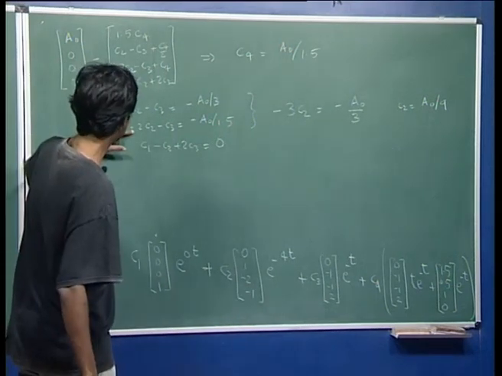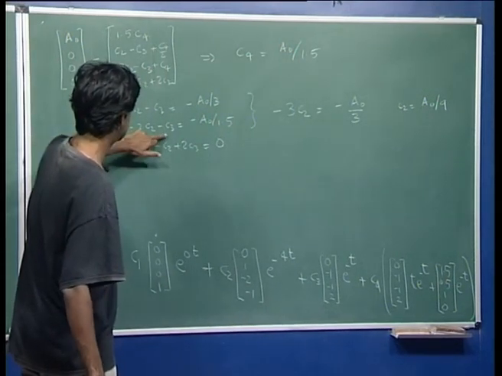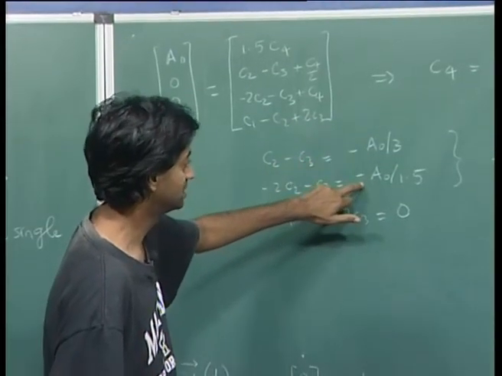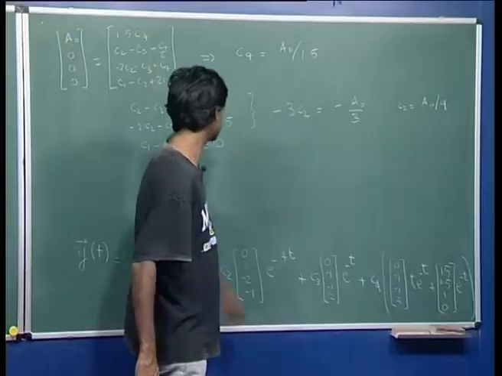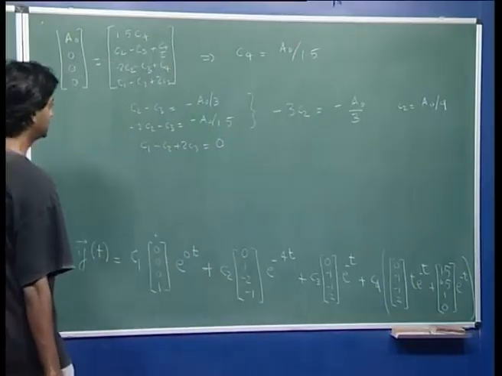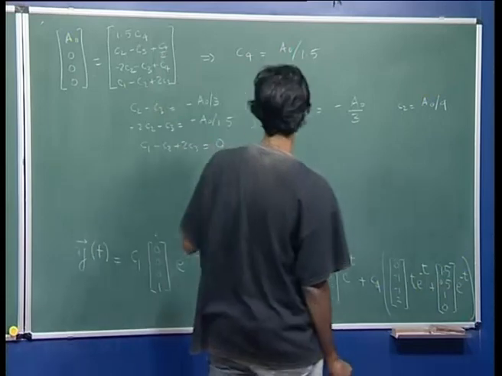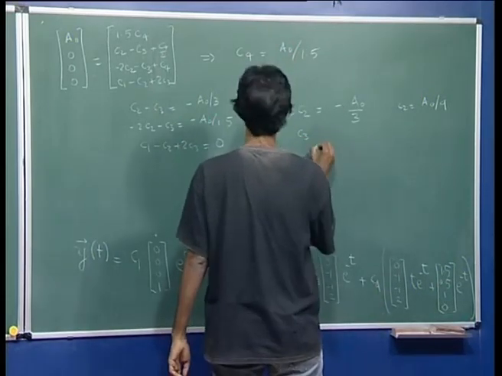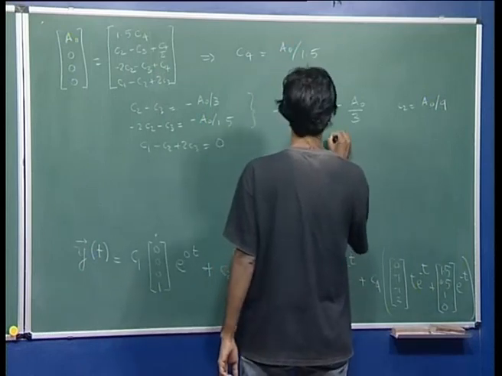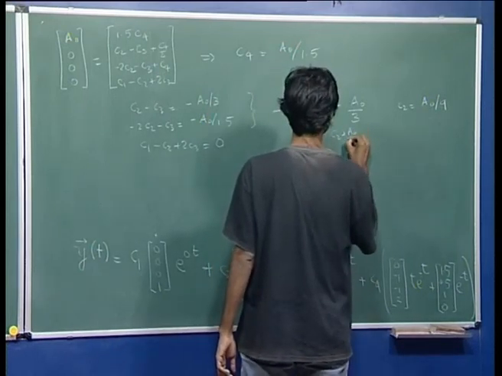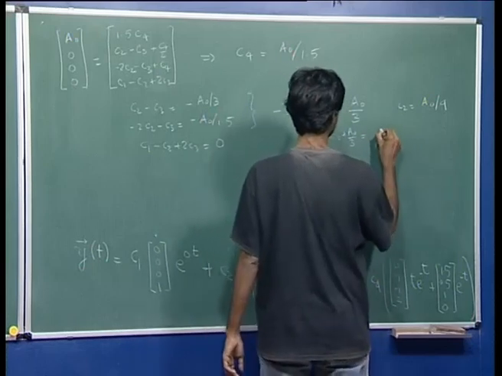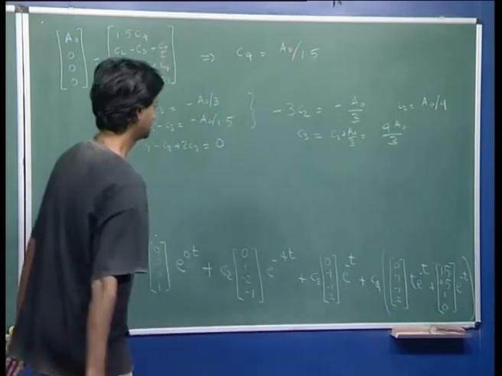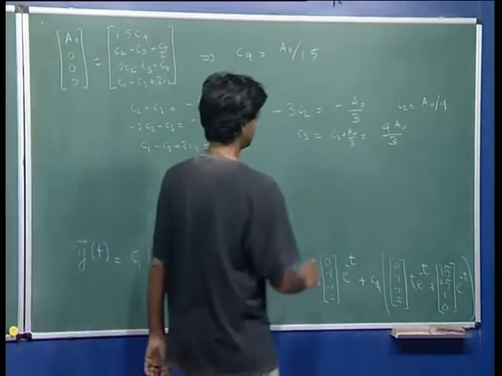So minus 2 C2 minus C3, so there is this minus A0 by 1.5 plus A0 by 3, that is minus A0 by 3. And now you can calculate what C3 is. C3 is equal to 4 A0 by 3. Oh, sorry, 4 A0 by 9.